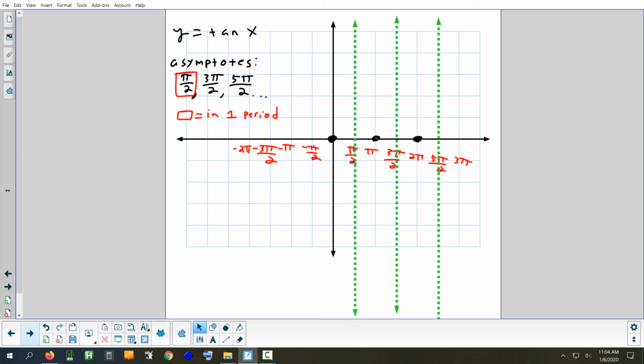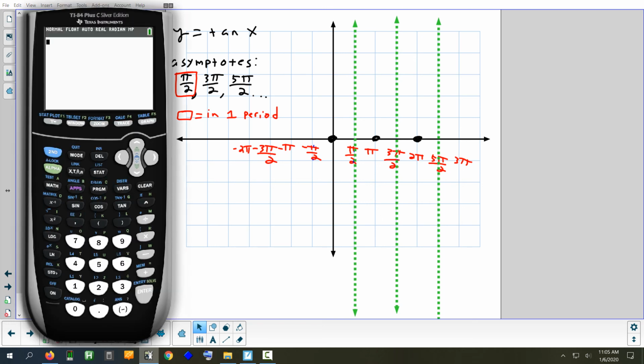Now, I'm going to sketch the pattern in between the first two green vertical lines. So I'm going to check a value a little bigger than this asymptote and a little smaller than the second one. Pi divided by 2 is 1.57. I'm going to check a value just a little bit bigger than 1.57.